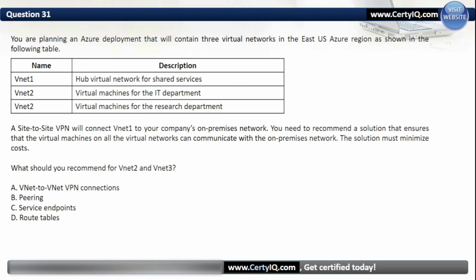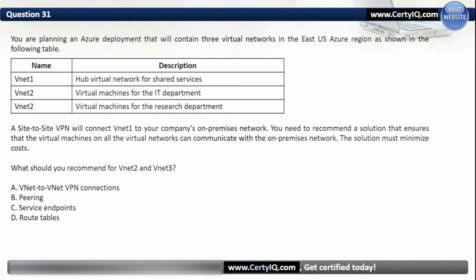Question 31. You are planning an Azure deployment that will contain 3 virtual networks in the East US Azure region as shown in the following table. A site-to-site VPN will connect VNet 1 to your company's on-premises network. You need to recommend a solution that ensures that the virtual machines on all the virtual networks can communicate with the on-premises network.